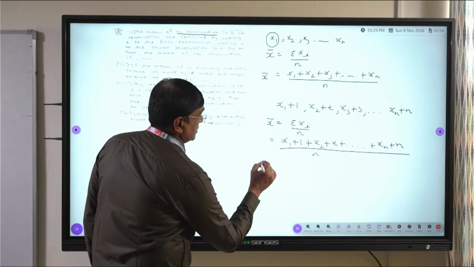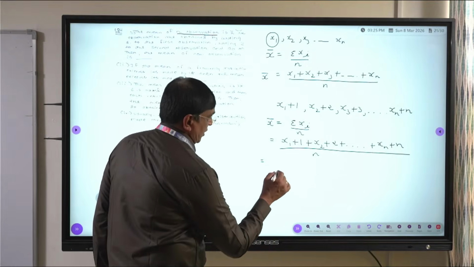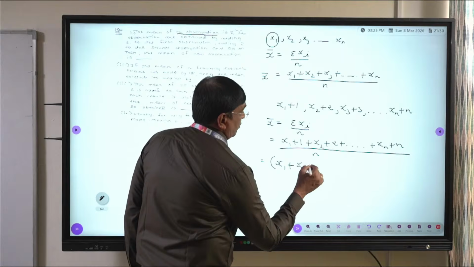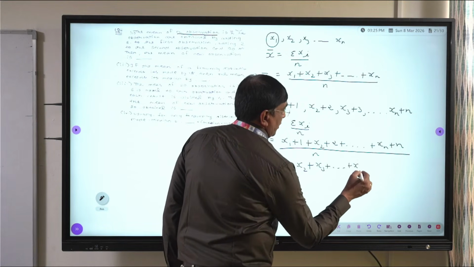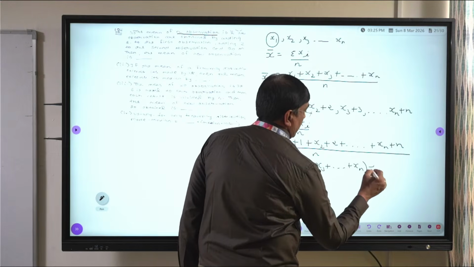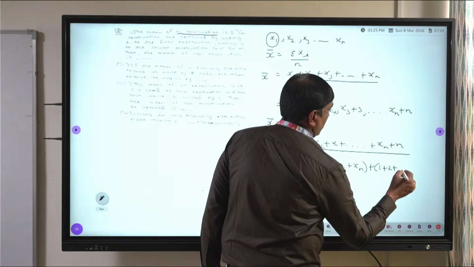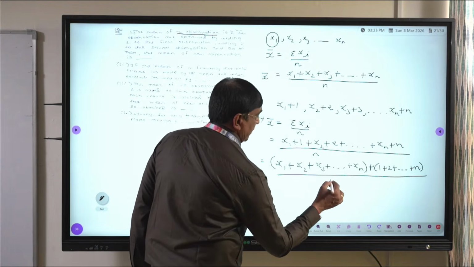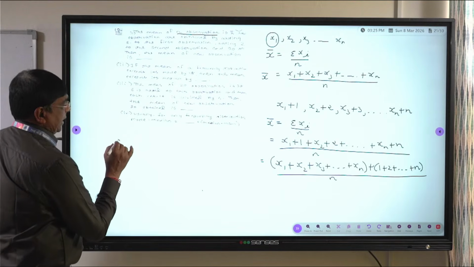It is equals, इसको सेपरेट कर देते हैं। That is x1 plus x2 plus x3 dot dot dot plus xn plus 1 plus 2 plus 3 plus n upon n. Separate division. So what we get?